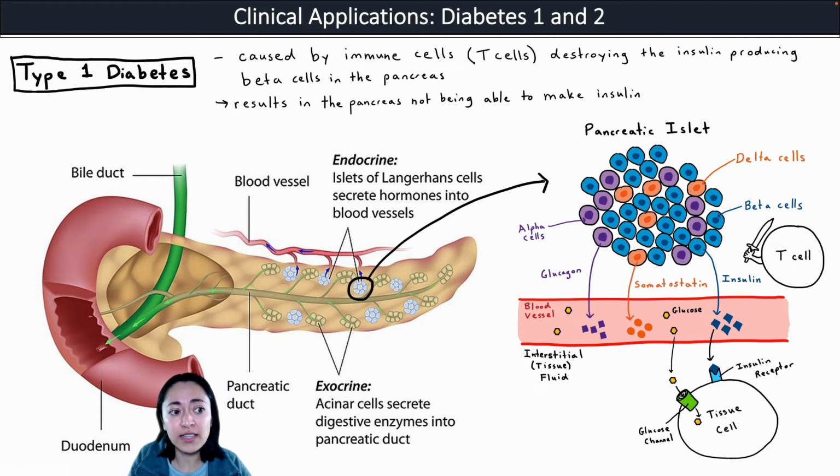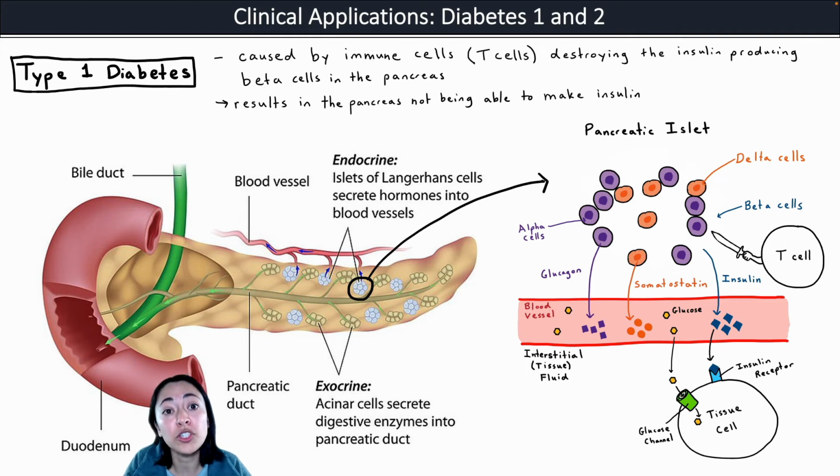So in the case of type 1 diabetes, something occurs where their T cells actually start attacking their beta cells. When that happens, their beta cells are destroyed. Well, that means they don't have beta cells in their body that are functional. That means they cannot make insulin. And that means there's no insulin binding to the insulin receptors.